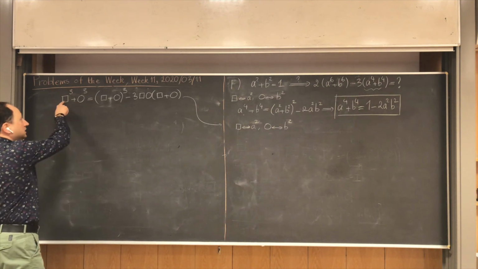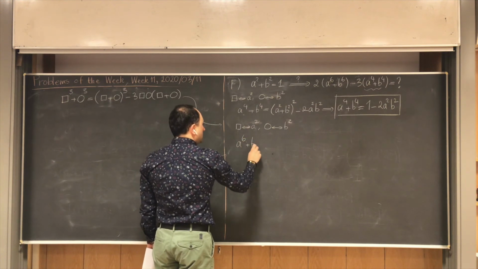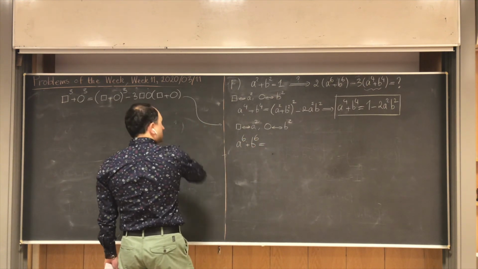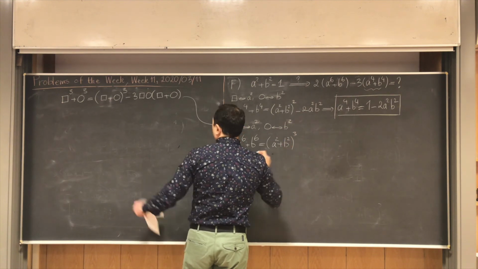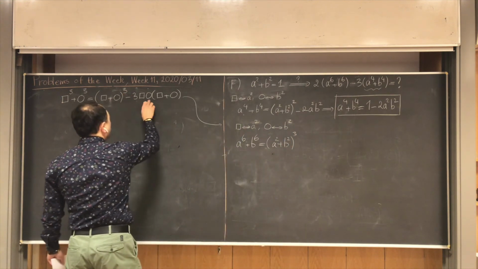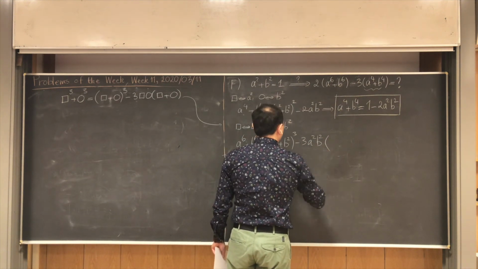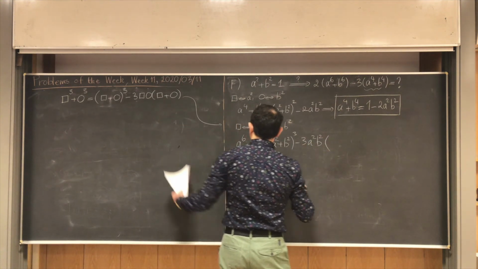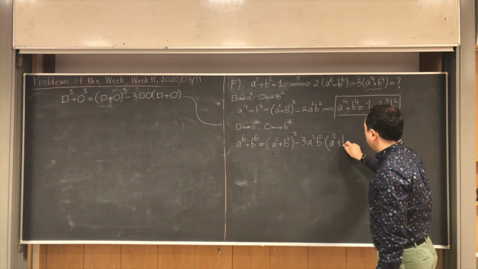If I put them here, the first one becomes a to the 6. The second one becomes b to the 6. And on the right-hand side, I will have a squared plus b squared to the 3, minus 3 times a squared b squared multiplied by the box plus the circle. But the box is a squared and the circle is b squared.